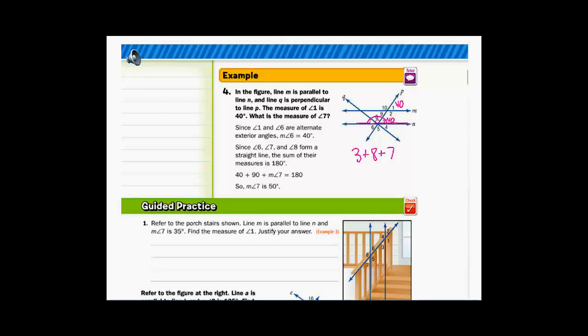Now, we know that angle 8 by this box right there is 90. So if I know that angle 3 is 40, angle 8 is 90 degrees, I should be able to figure out what that is because I know they all add up to 180. So 40 plus 90 is 130, so that means x would have to be 50. X would have to be 50 degrees.